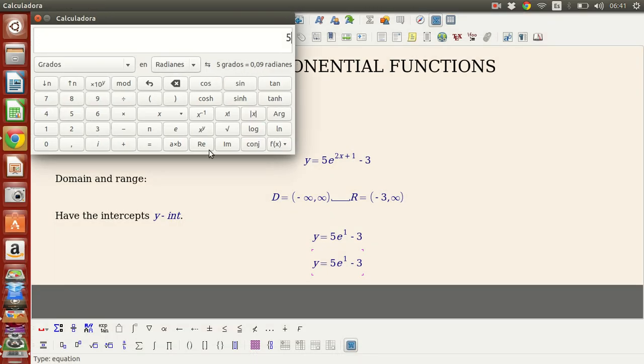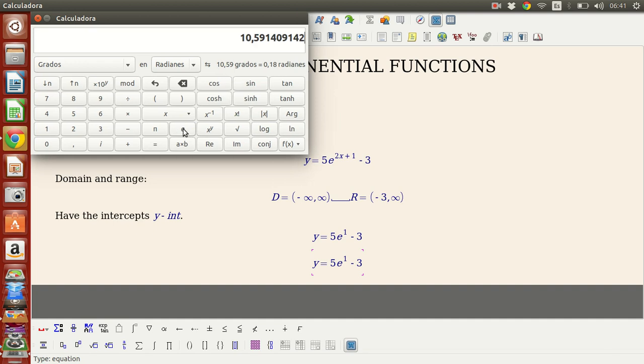So 5 times e minus 3. Okay, this is the answer: 10.5914.